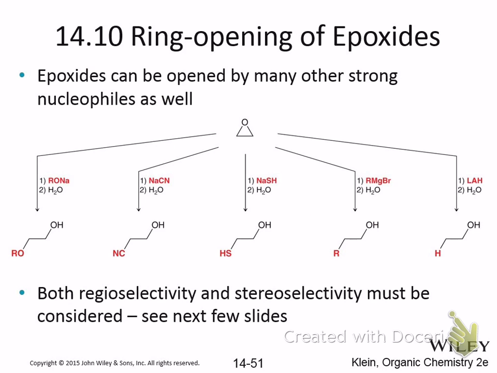So the things you can do with epoxides: you can produce ether alcohol functional groups, and then you could oxidize that and make an aldehyde, for example. So you could add 2 carbons and then put a functional group at the end. You can bring alkoxide ions in as nucleophiles. Cyanide will work as a nucleophile.